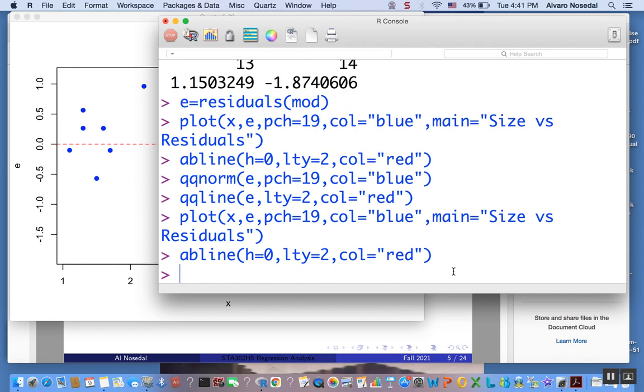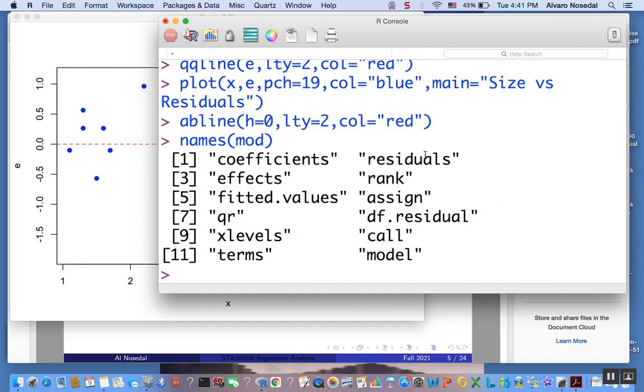Okay, so we know that one way of getting the predictions is just using, let me remind you that if you type names of, we called that model, I believe, mod, you have a bunch of things, among them the residuals, but you have also the fitted values, meaning your predictions, your y hats.